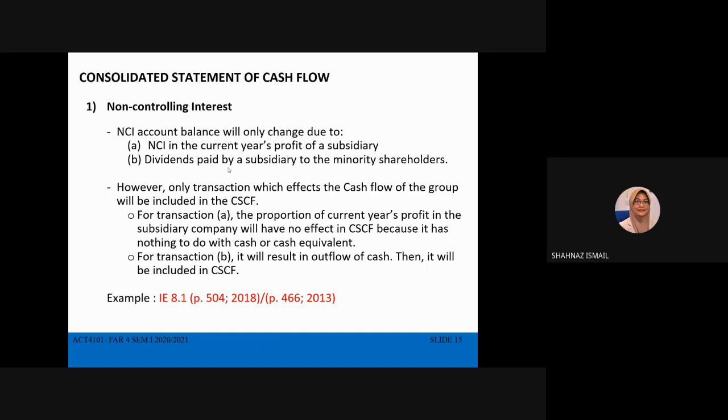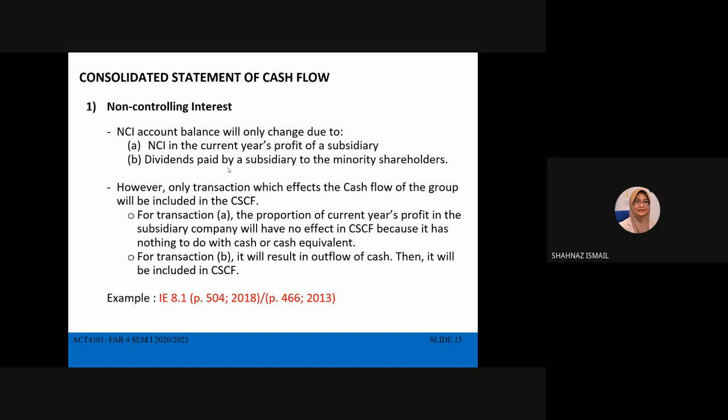And then however, only transactions which affect the cash flow of the group will be included in the consolidated statement of cash flow. Okay, so hanya those yang affect the cash flow of the group sahaja yang akan diambil kira untuk consolidated statement of cash flow.